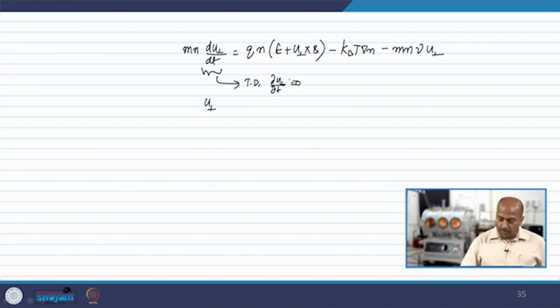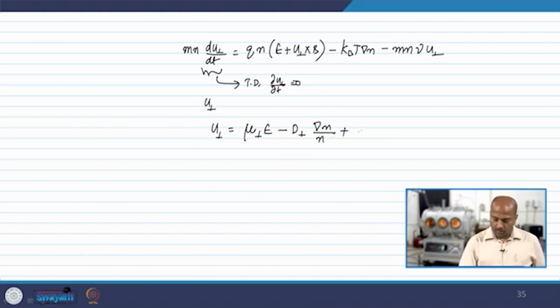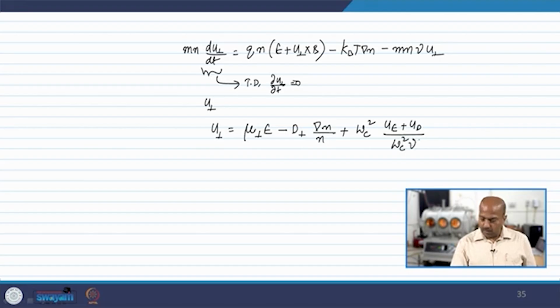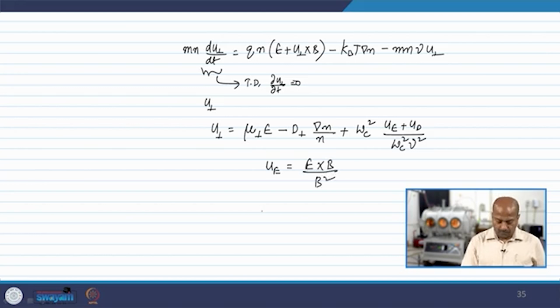So, solving for u perpendicular, we can get u perpendicular as mu perpendicular times E minus d perpendicular delta n by n plus omega c square times ue plus ud by omega c square nu square. So, this ue is nothing but the E cross B drift velocity, ud is the diamagnetic drift velocity, ue is E cross B by B square, and ud is minus del P cross B by B square.